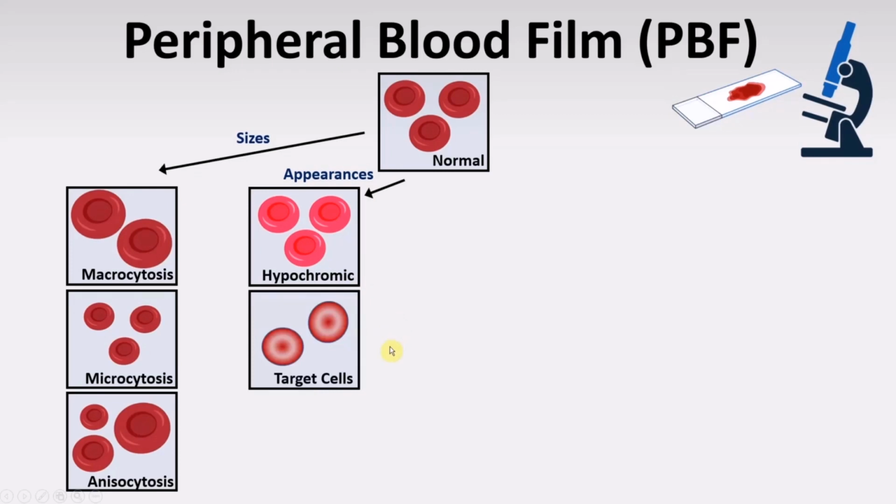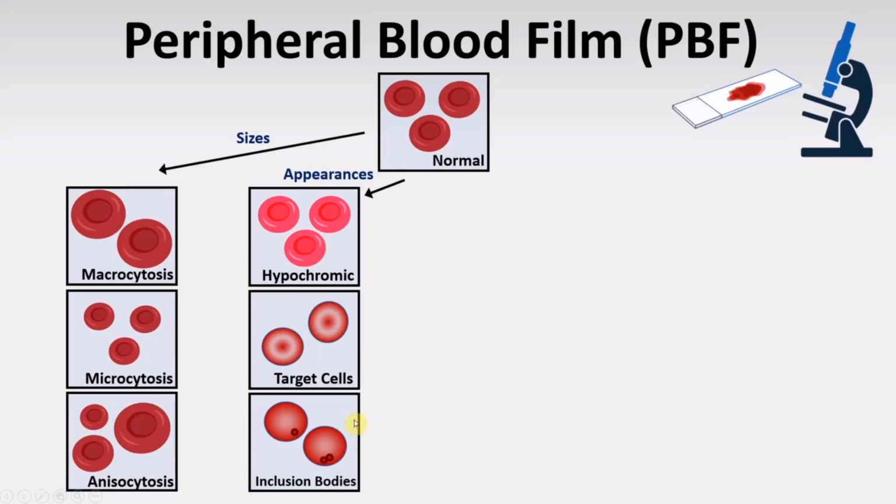For example, we can have target cells, right? The red blood cell appears as if it has a bull's eye, and there's a dark red mark in the center. Or we can also have protein aggregates in the center of the red blood cells. That's what is called inclusion bodies.